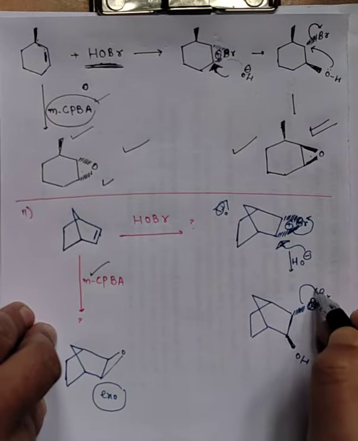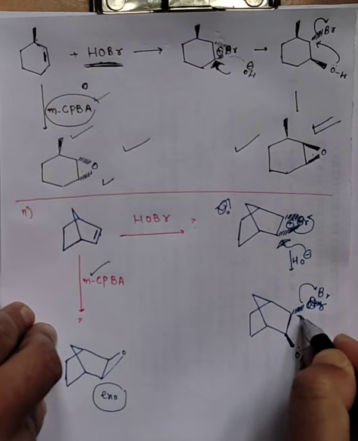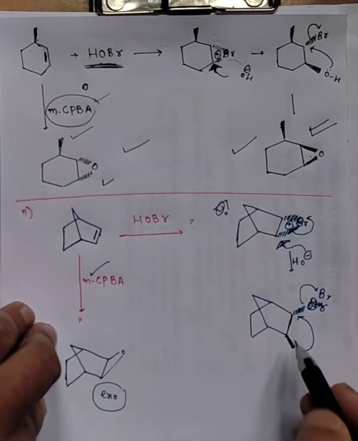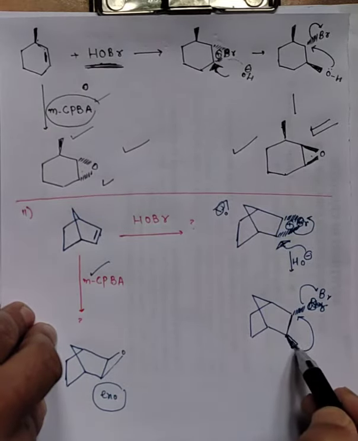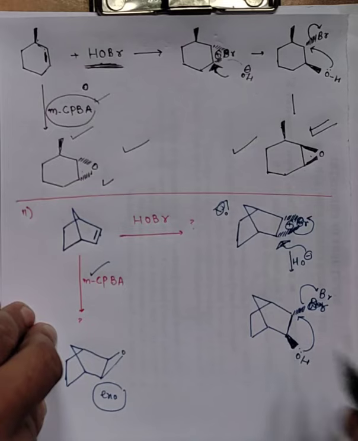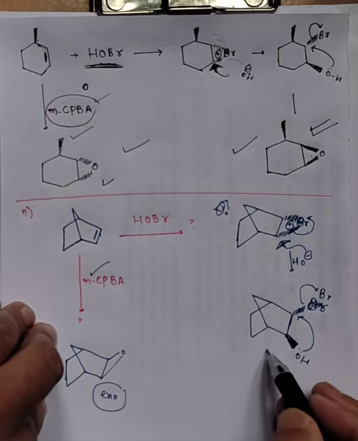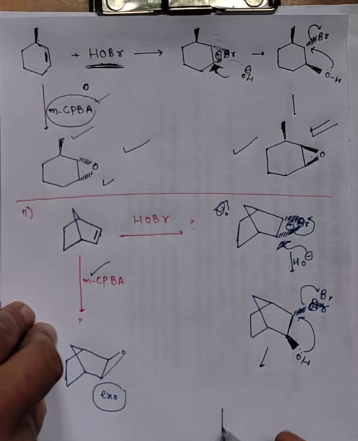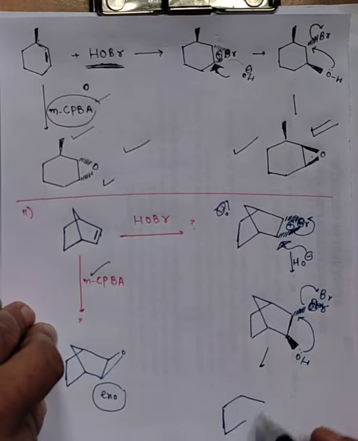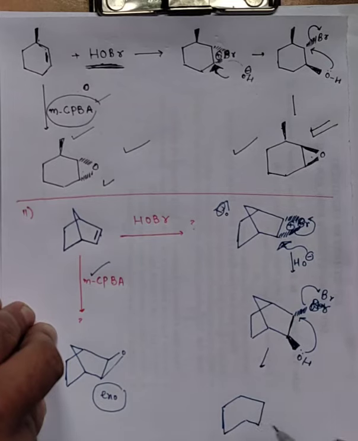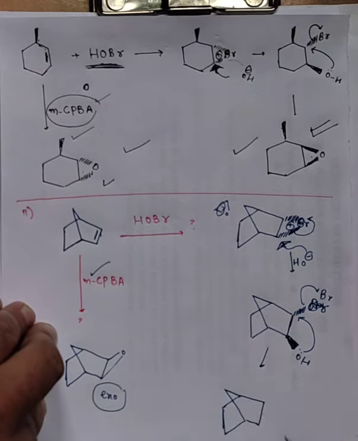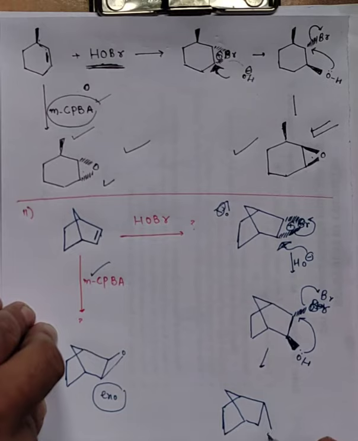And then that bromine will leave. This will attack from the below, from this side, that is the endo side. So finally your product will be towards the endo. चाहे आप इसे ऐसे दिखाए, doesn't matter, because we are here interested in endo and exo.